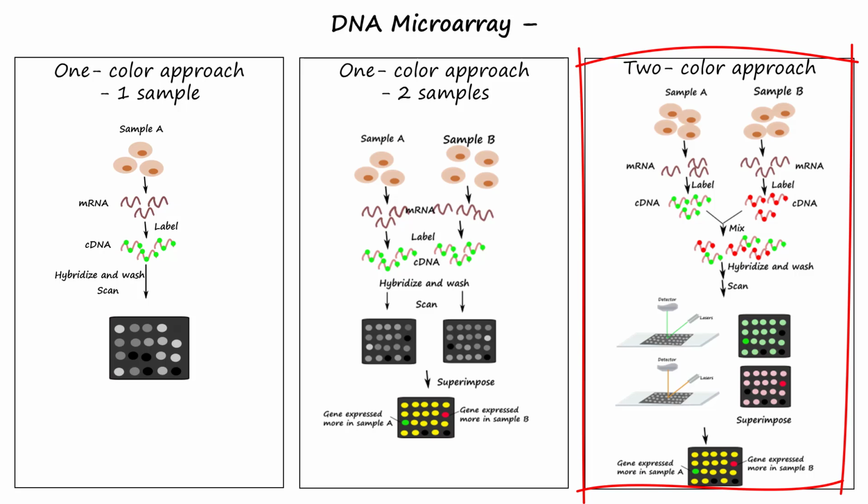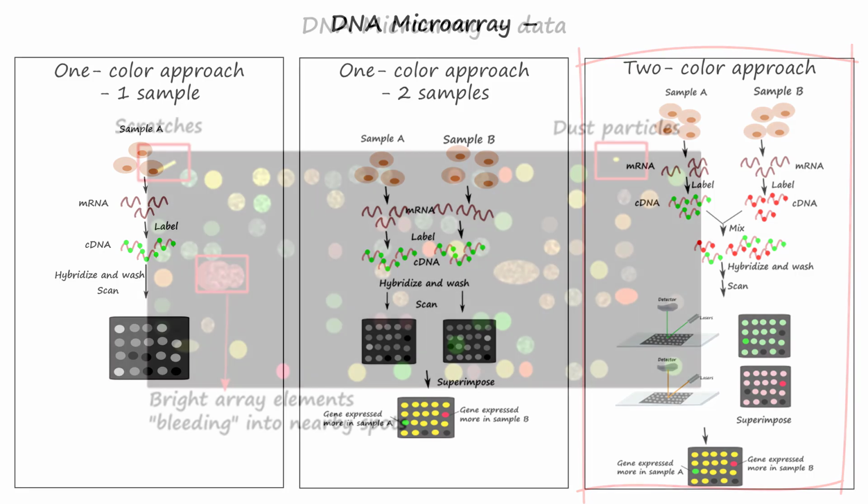RNA from two samples are converted into cDNA and labeled with different fluorescent dyes, commonly represented as red and green. The labeled samples are mixed and hybridized to the same array. After scanning, the color of each spot reflects the relative expression levels in the two samples.